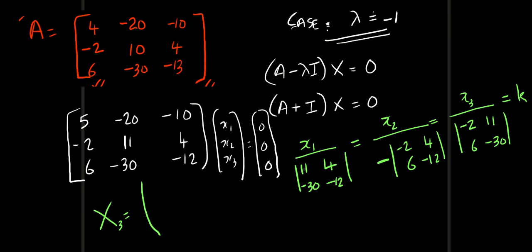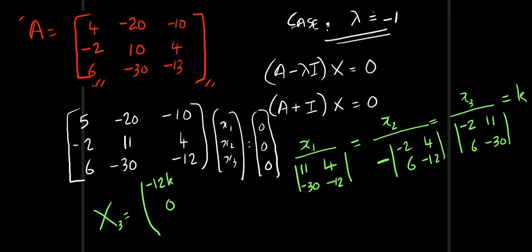So that will be 11 into minus 12, that is minus 132, and plus 120, that's going to give me minus 12k, and then yeah, that's good.